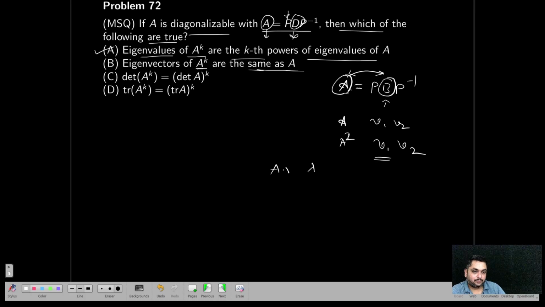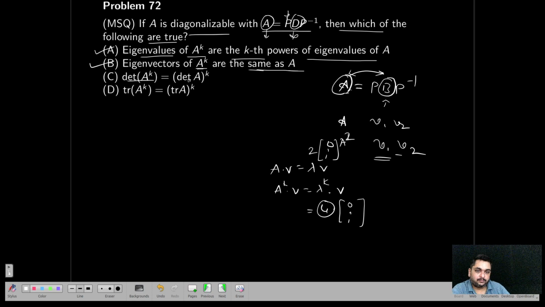A V is equal to lambda V. That means A^k V is equal to lambda^k V. That is, the eigenvalue will be to the power k, times V. So, for example, if the eigenvalue was 2 and the vector is 0, 1, 1, here it will be 4 times the vector, which remains the same. Only the scaling factor changes. So vectors will remain the same. That is the meaning. Next.